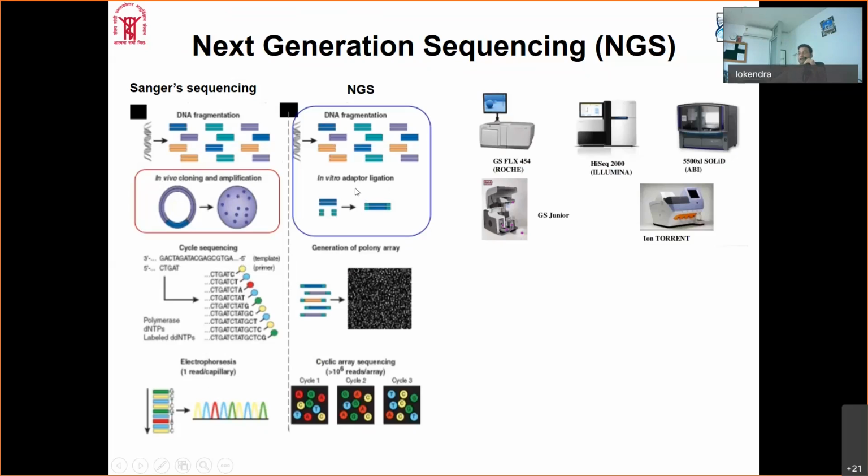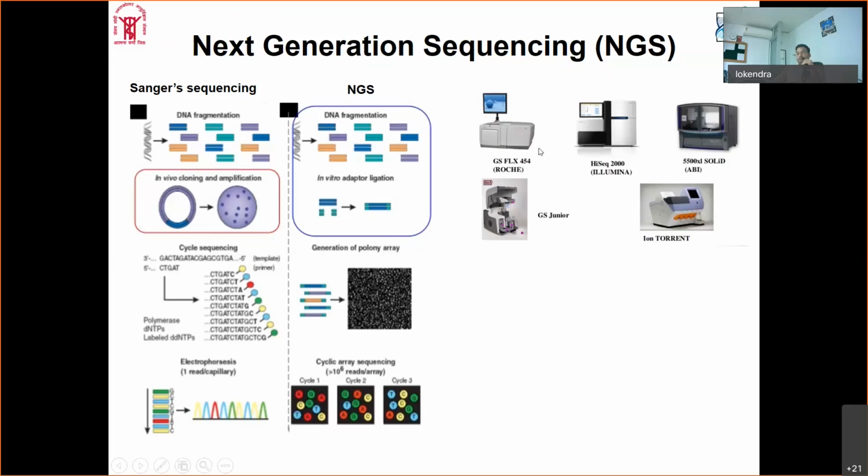These adapter-ligated fragments are used in bridge PCR or emulsion PCR, and ultimately they are amplified. Each individual fragment is amplified multiple thousands or millions of times, and each time the amplification is recorded with the help of various fluorescently tagged nucleotides. So NGS again is a very important platform, much more efficient, much more robust, and it has more applications than any other method.